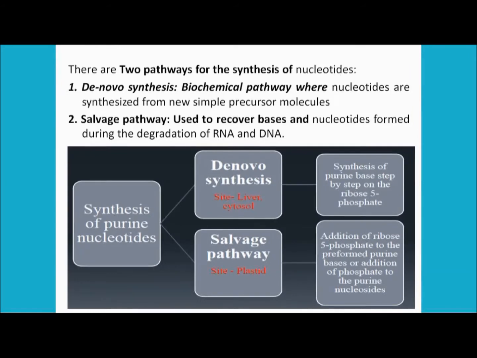So here what actually happens is the addition of ribose 5-phosphate to the preformed purine bases, and addition of phosphate to the purine nucleoside. So this generally takes place in the plastid, whereas the de novo synthesis generally takes place in the liver and the cytosol, right?